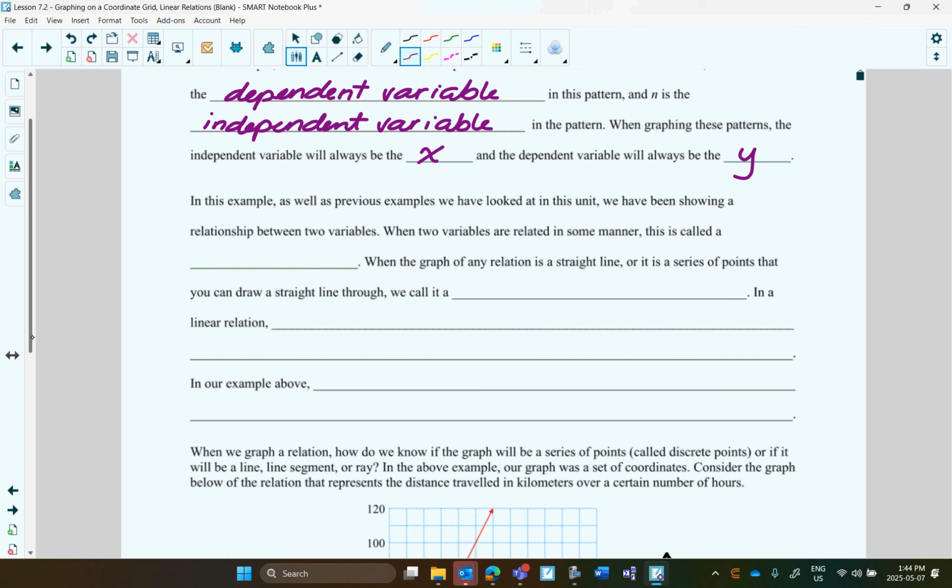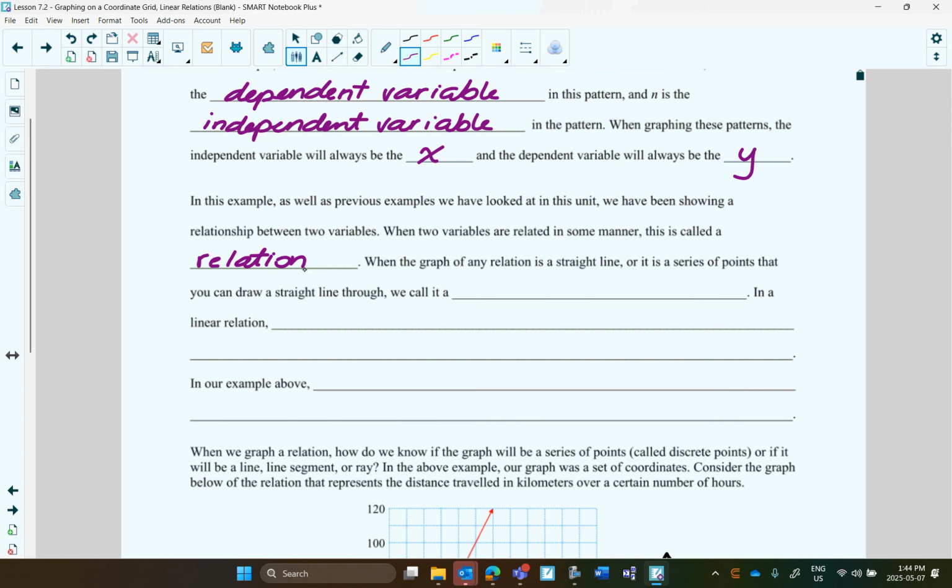Okay. All right. So what we're talking about here is a relationship between two variables. That's a big part of math. Much of what we do is we talk about a relationship or a relation between one variable and another. And we can always graph these relations, show a visual picture of them.